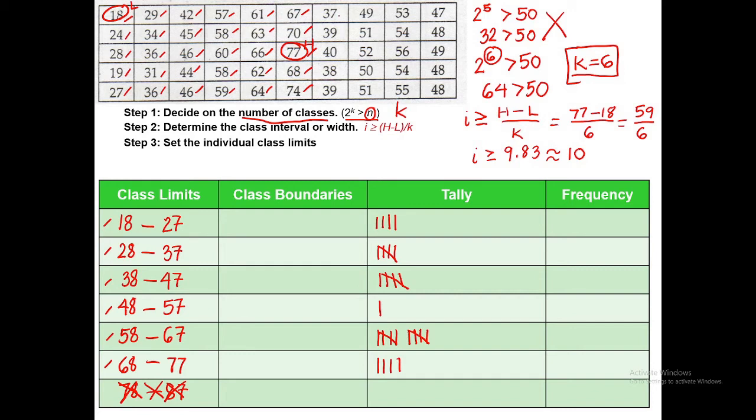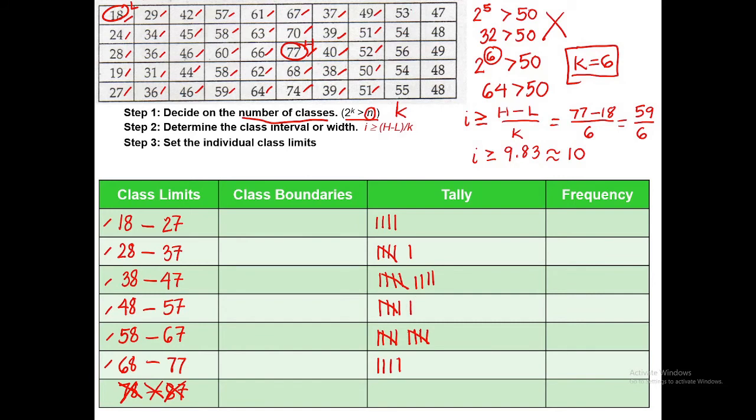Let's have 37, 39, 40, 38, and 39. Then let's go to 49, 51, 52, 50, and 51.